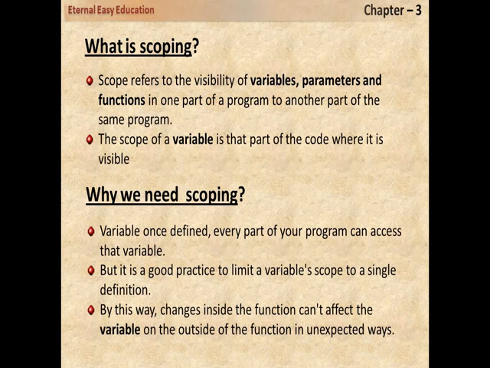For example, if you are writing a program for a student report, and you give a value for the student register number in the first line, the register number should not be changed after that, because once the register number is given, it is permanent. Am I right? So in some places there must be a need to restrict the accessibility of variables, functions, parameters and so on. But here we are going to see how to restrict the visibility of a variable in a particular program.